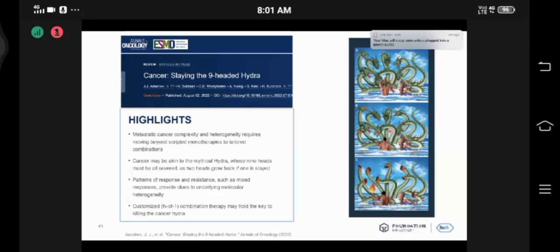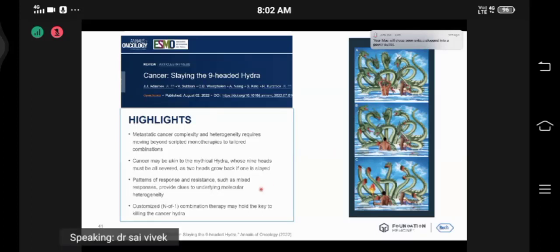We need to understand that different metastatic sites can have different clones with different resistance mutations and different pathogenic mutations, and knowing all the information before starting a patient on a particular treatment which might act on all the clones is very important. Otherwise, you give a scripted therapy, you take out one head, the head grows back, or the other heads take over and continue the progression of disease.